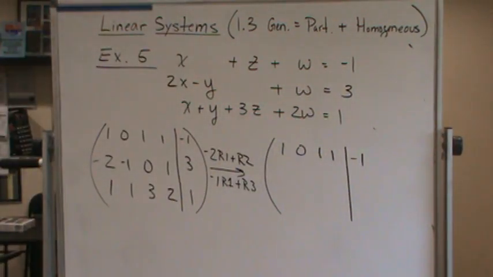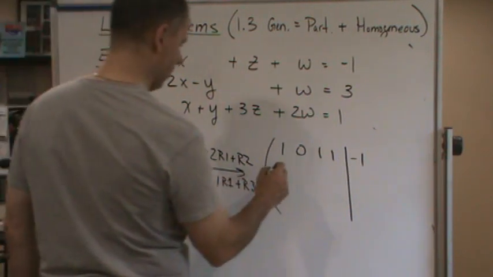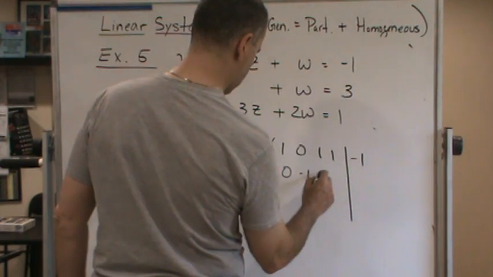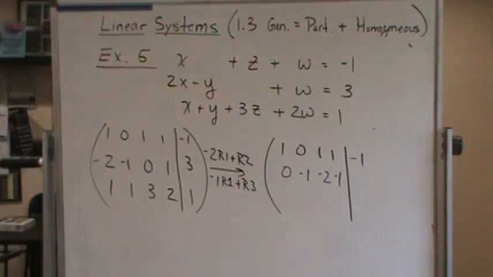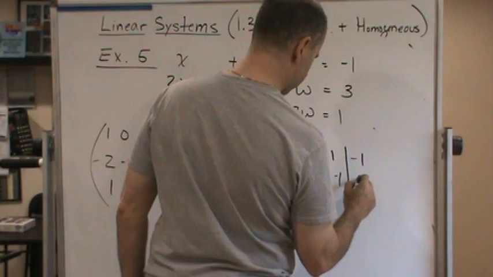And then it's going to end up being 0, negative 1, negative 2, negative 1, 5.